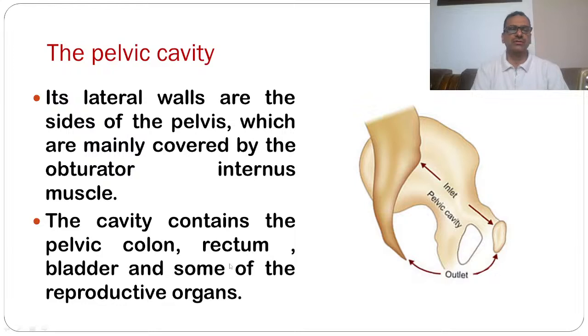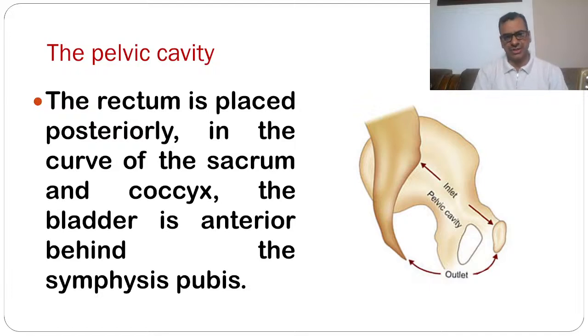The lateral walls of this cavity are the sides of the pelvis, which are mainly covered by the obturator internus muscle. This cavity contains the pelvic colon, rectum, bladder and some of the reproductive organs. The rectum is placed posteriorly, towards the sacrum, in the curve of the sacrum and coccyx. The bladder is anterior, behind the symphysis pubis. And in between there will be the uterus.